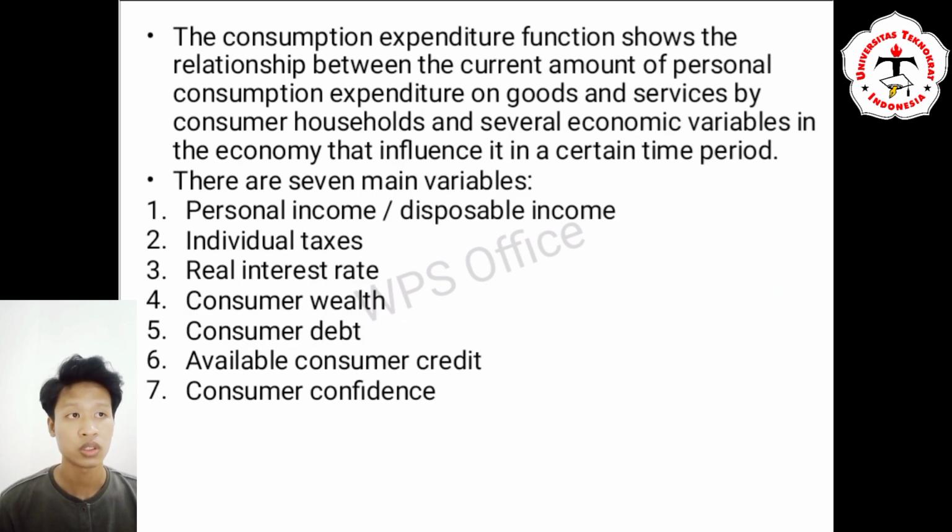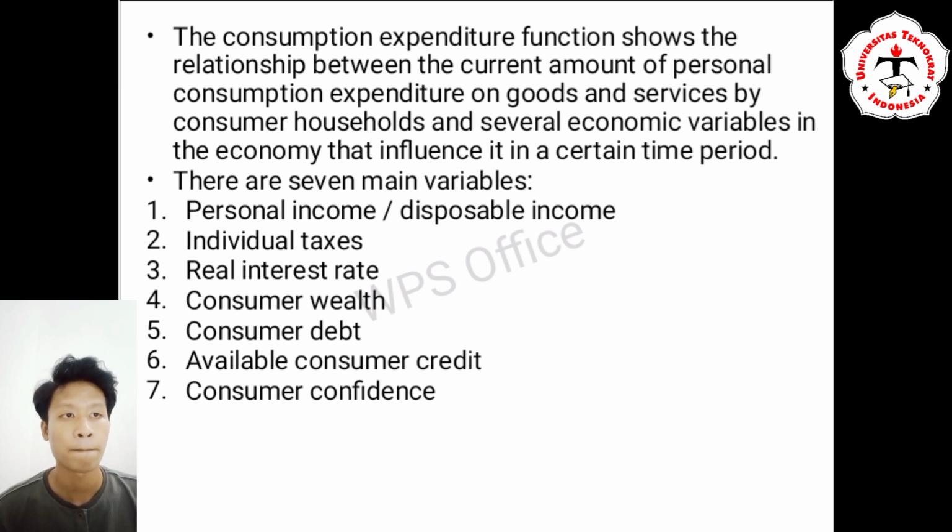The consumption expenditure function shows the relationship between the current amount of personal consumption expenditure on goods and services by consumers, households, and several economic variables that influence it in a certain time period. There are 7 main variables.